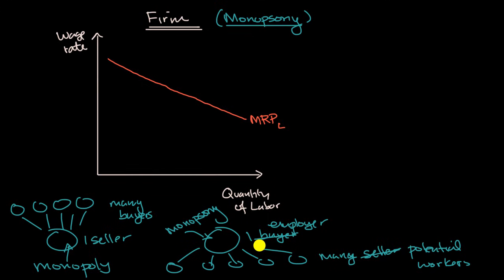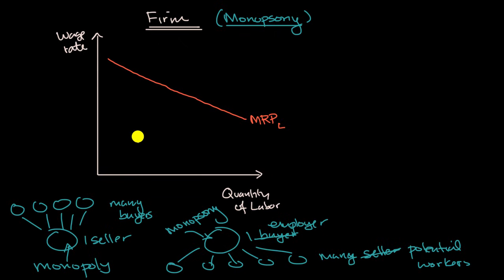And there are many real-world examples that approach monopsony employers. Let's say we're in a small town and there's only one hospital. So they're going to be the monopsony employer of healthcare workers, of, say, nurses. And what's interesting about a monopsony employer is they're not just going to take whatever the wage rate is. They have a supply curve for labor in that market.